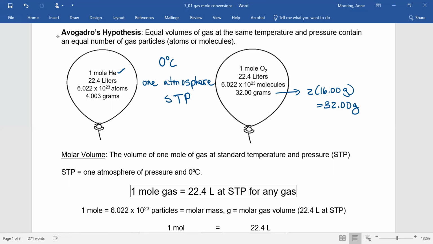So the molar volume is the volume of exactly 1 mole of gas at standard temperature and pressure. Standard temperature and pressure is 1 atmosphere and 0 degrees Celsius. This is something you need to memorize. So now we've got a new conversion factor. We know that 1 mole of gas equals 22.4 liters at STP for any gas.